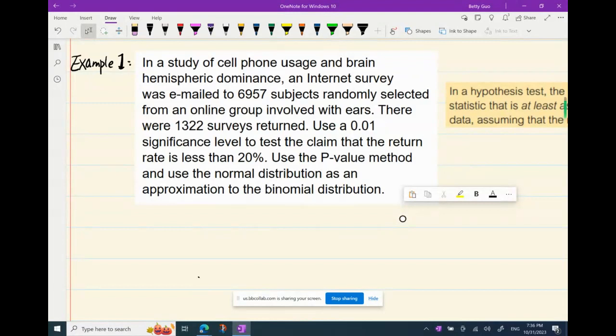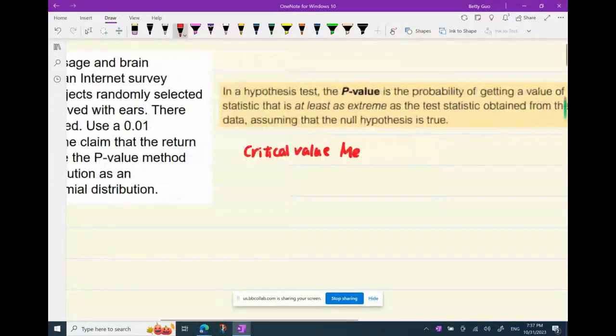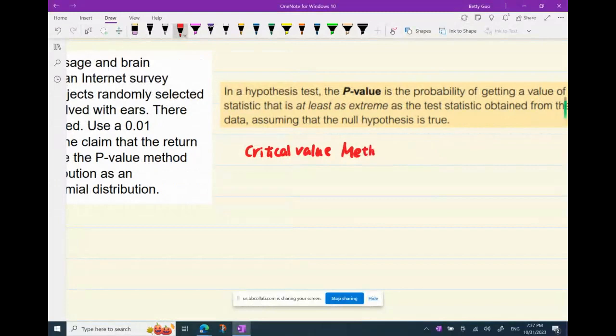We are going to use two different methods to test the claim here. The first method is called the critical value method. Years ago, I taught from Triola's book.